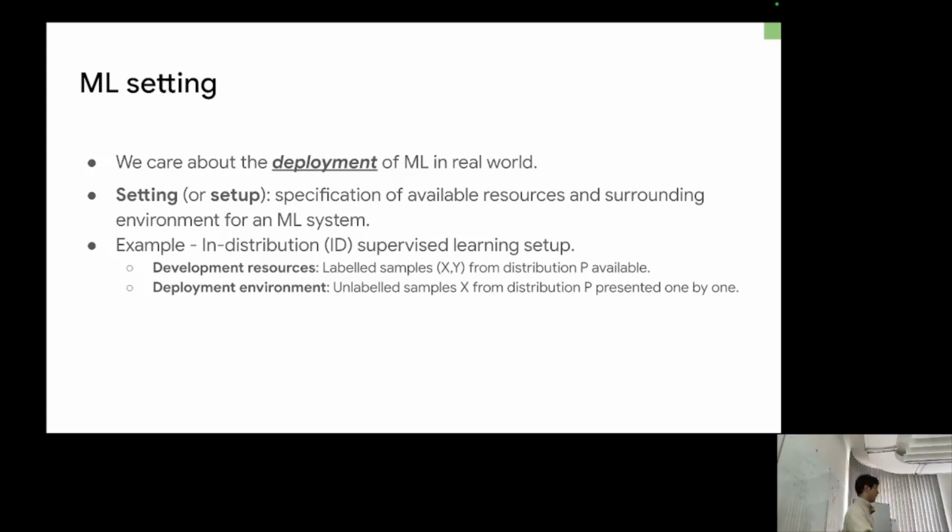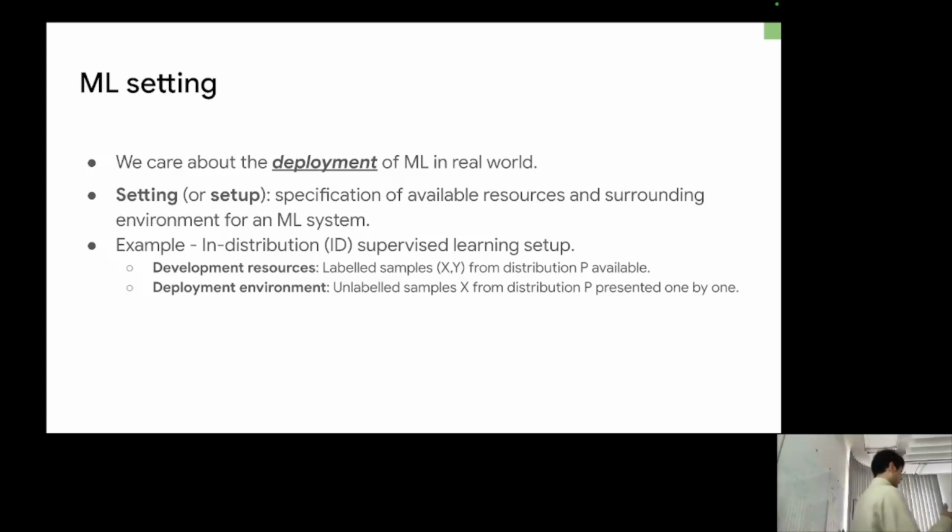They are involved in the development of the model, and then the deployment is where the model is being applied. Maybe the simplest setup here is the in-distribution generalization, supervised learning setup, which is what machine learning 101 is covering, right?